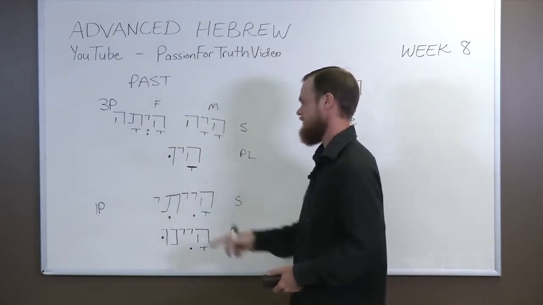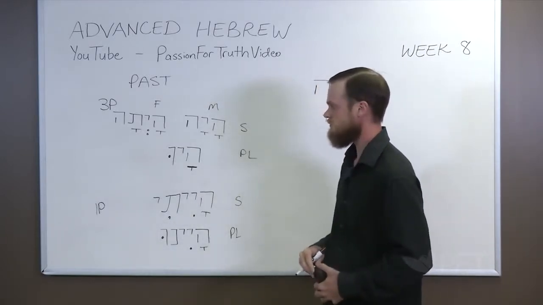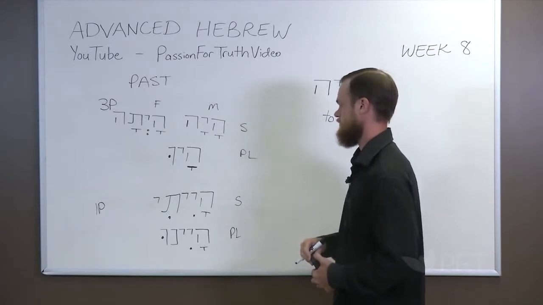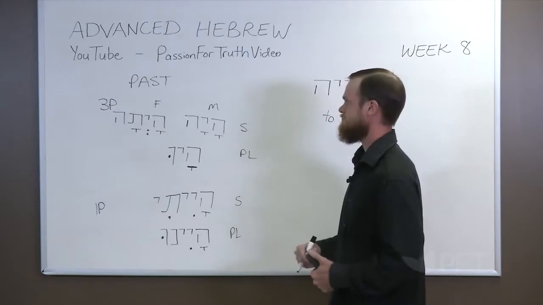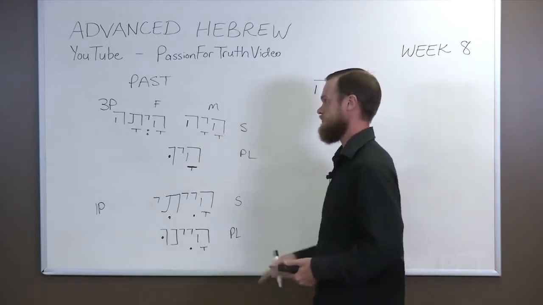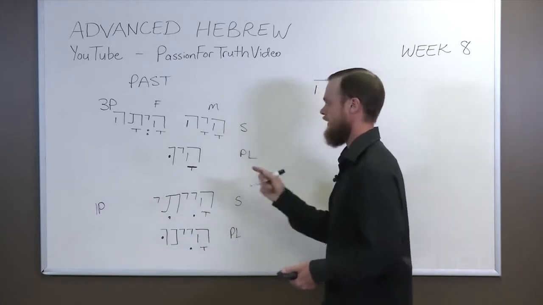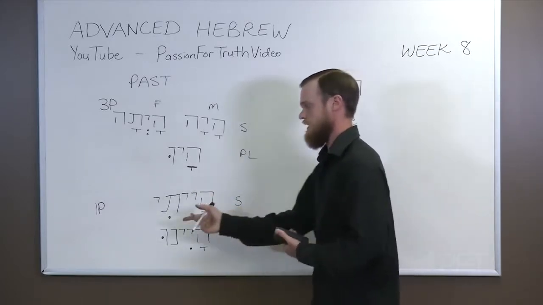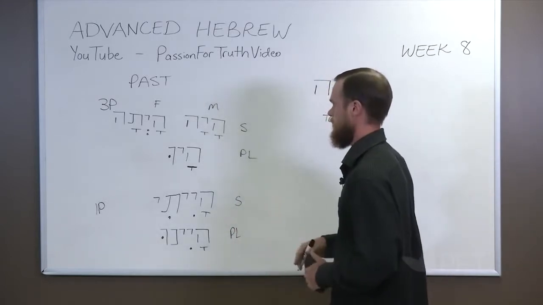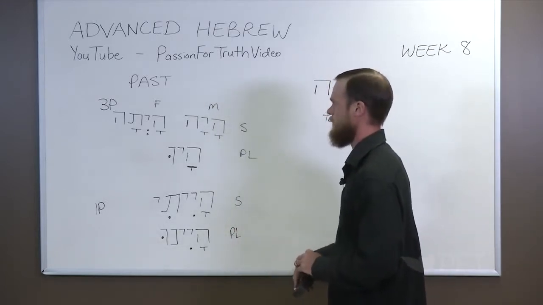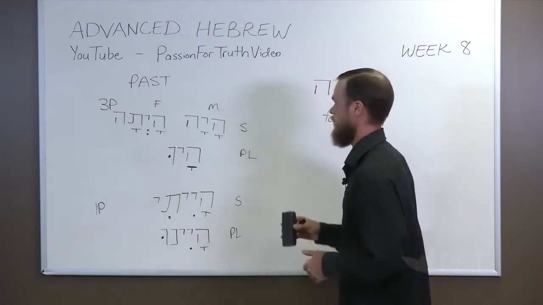Hayiti is I was. Hayinu is we were. So in the past tense, hayya, he was. Hayta, she was. Hayu, they were. Hayiti, I was. Hayinu, we were. I won't cover the second person in the past, but this is the irregular form of haya.